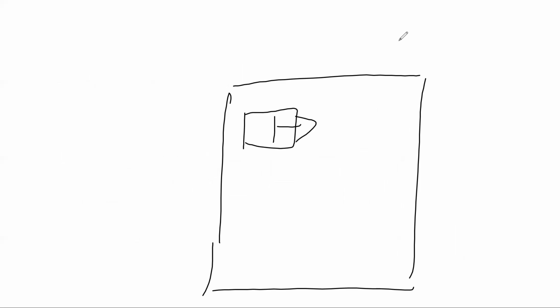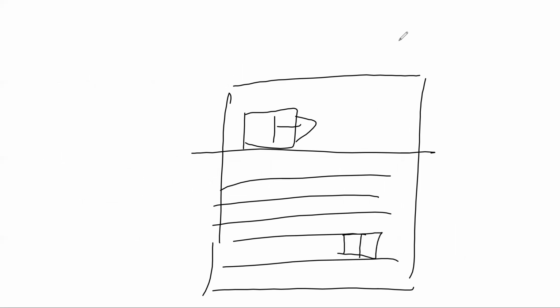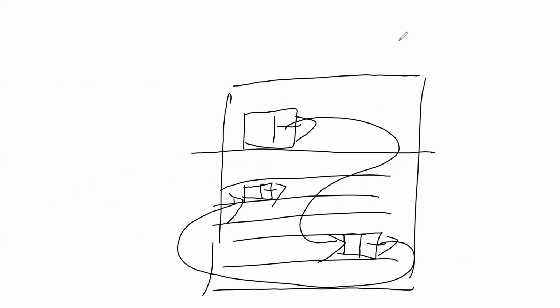in memory, your node can be allocated first here, suppose this is your memory. The second one may be here, but that node is going to point to it. The third one may be here, but this arrow is going to point to it.